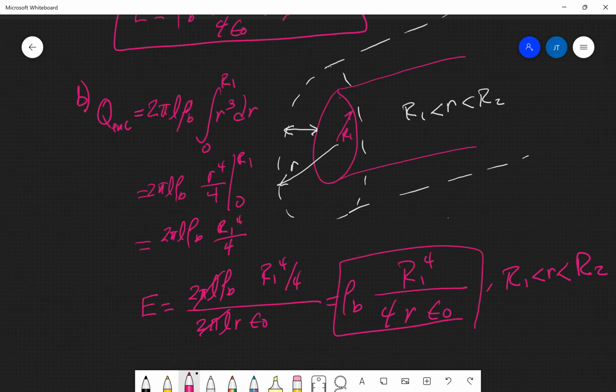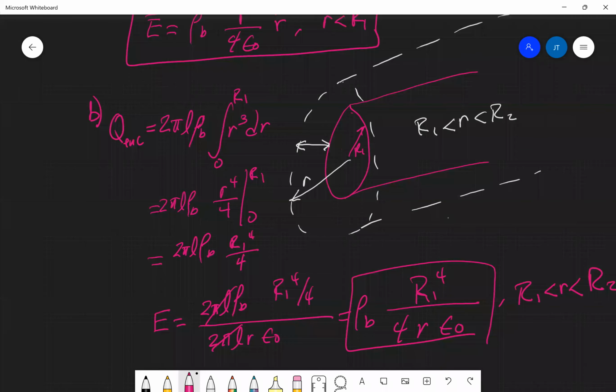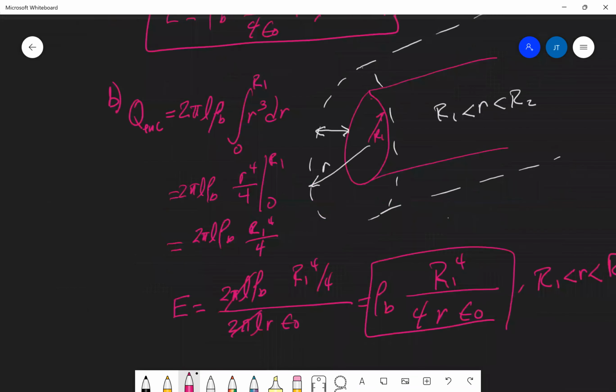Here the electric field again goes as 1 over r. And remember, the units of rho b will take care of things, right? Rho b has the proper units so that the electric field comes out in the proper units. Okay? So that was part B.